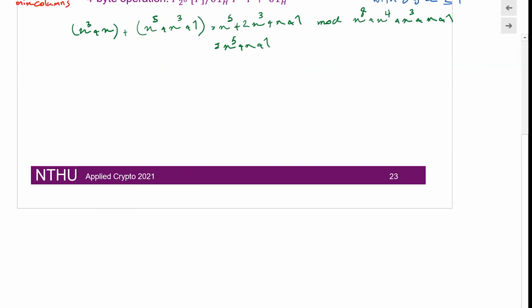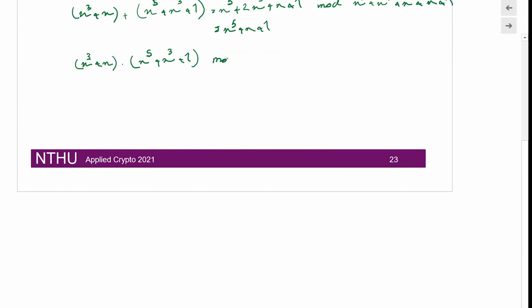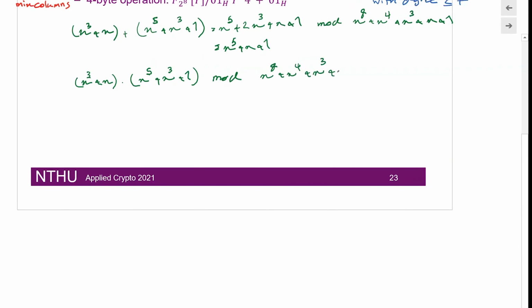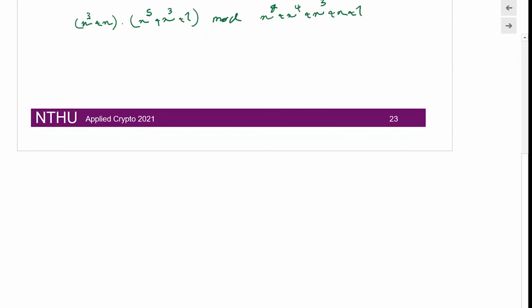And sometimes we also want to do multiplication. So if I multiply these two things together, x3 plus x multiplied by x5 plus x3 plus 1, again mod x8 plus x4 plus x3 plus x plus 1. So let's see, what do I get?